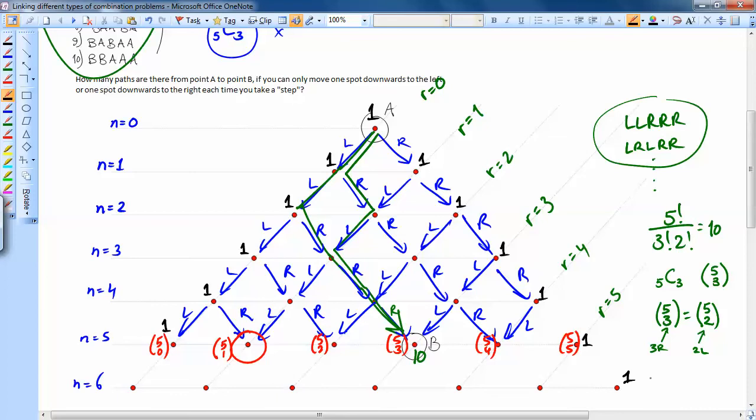To get to this point, the only way to get to there is from this one or this one. Because those are the only ones that have arrows that lead to it. So since there was one way of getting to this point and one way of getting to this point, there's a total of 2 ways to get to here. Now if I look at this point right here, there were 2 ways to get to that one and 1 way to get to this one, and these 2 were the only 2 to get to this point.